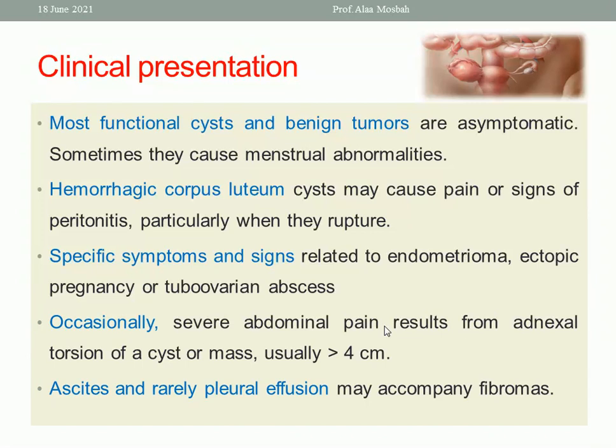Ectopic pregnancy may present in the ovary with an adnexal mass, pain, and maybe sudden severe pain and symptoms of internal hemorrhage. And this is an emergency situation due to rupture of the ovarian pregnancy.